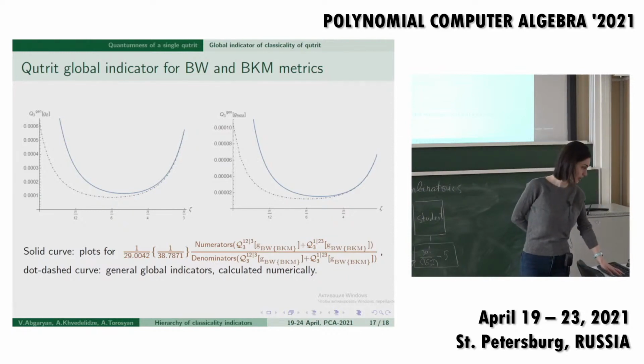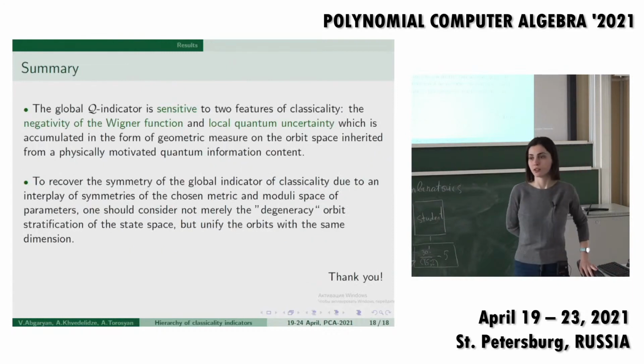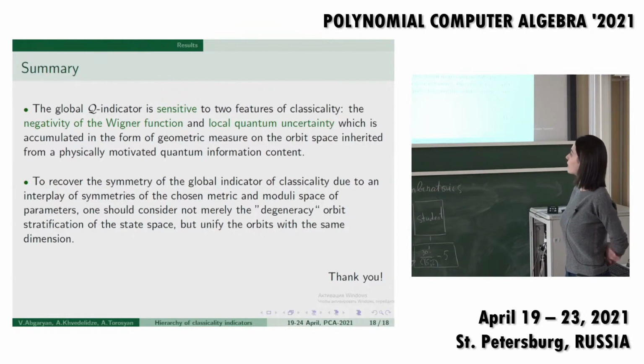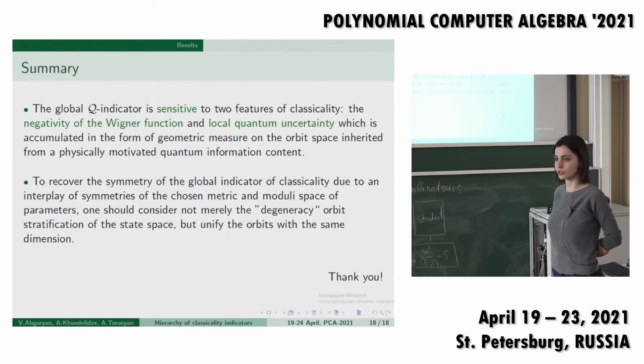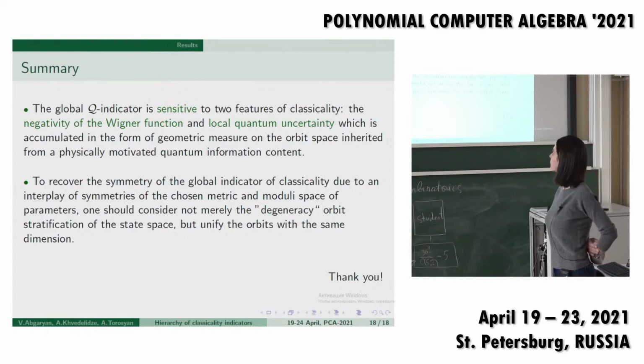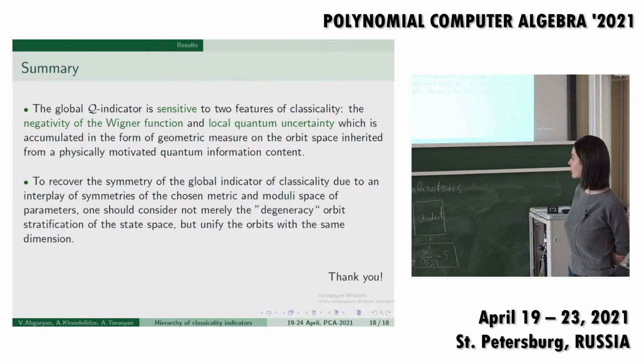So the explanation is the following. Firstly, the global indicator is sensitive to two features. It's the negativity of the Wigner function and also some geometry that you choose according to your physics. I mean, you choose the measure that you want for solving some physical problem.